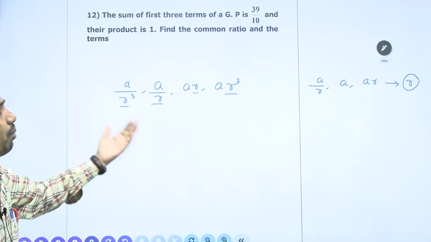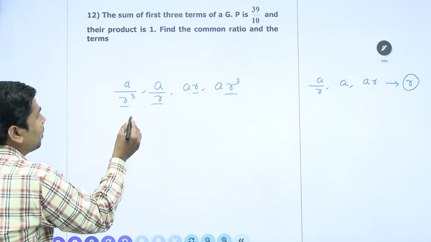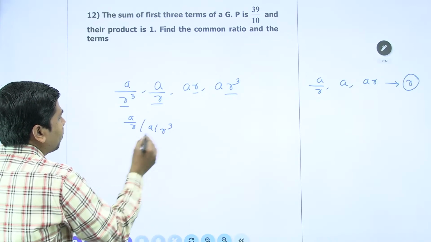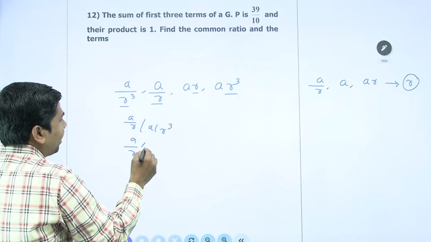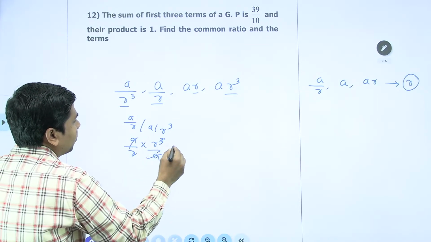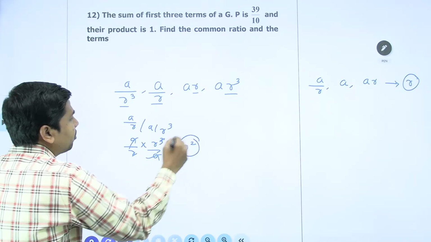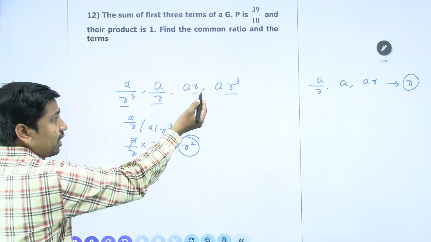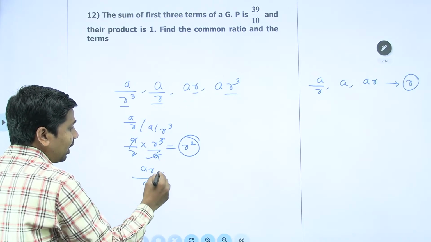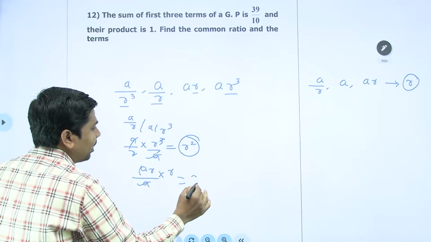Again, its common ratio. What is the common ratio? You can see here, T2 by T1 is A by R into R cube by A. A gets cancelled. What is left out here? R square. Common ratio is R square. Again, if you take T3 by T2, A by R, again R goes to the numerator, A gets cancelled, it is R square.